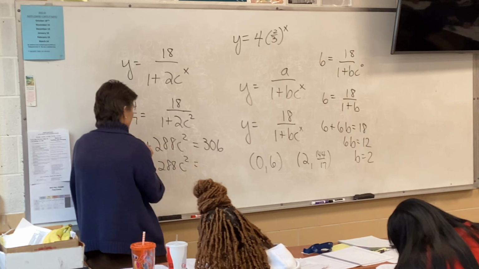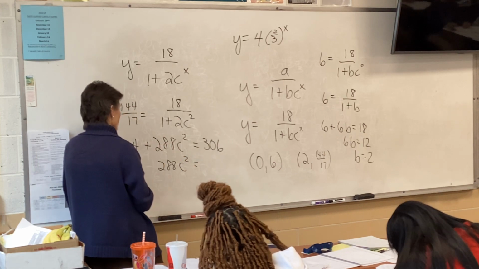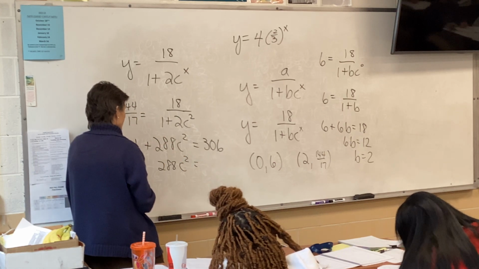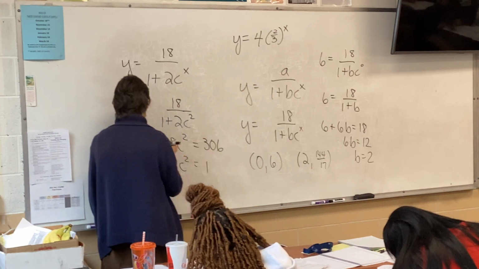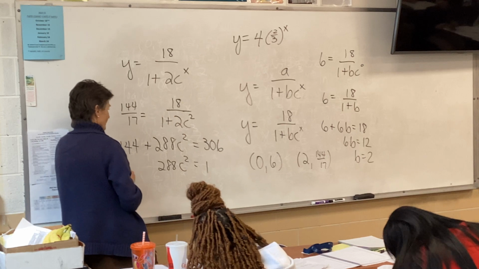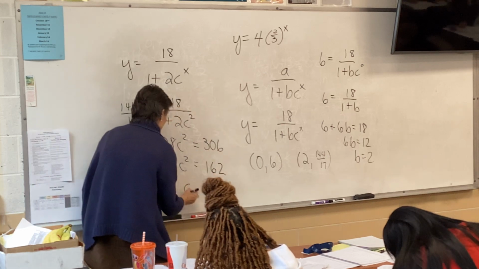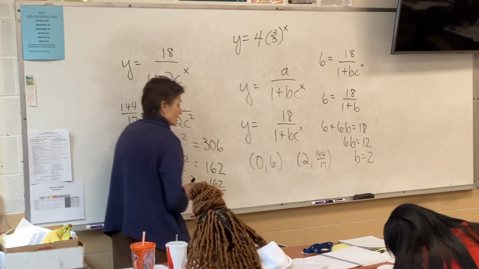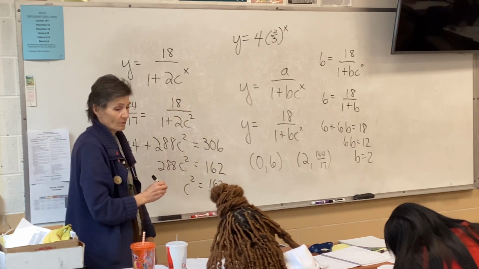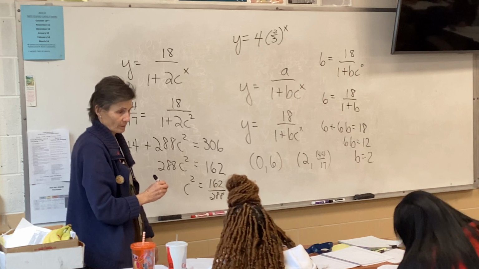Now I will subtract 144, so what's 306 minus 144? 162. And then I will divide. This is probably why you're allowed to use a calculator.